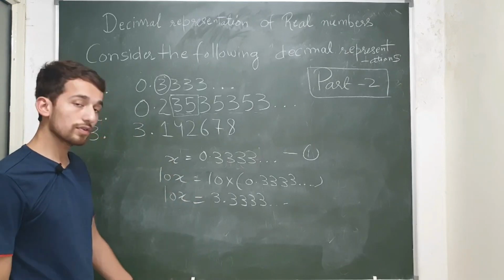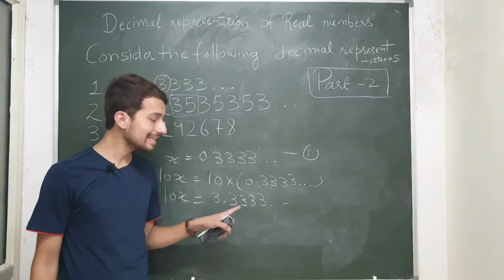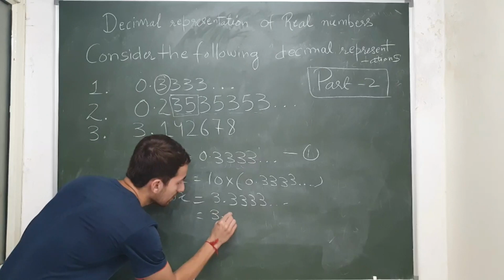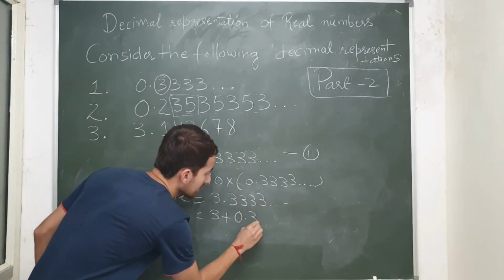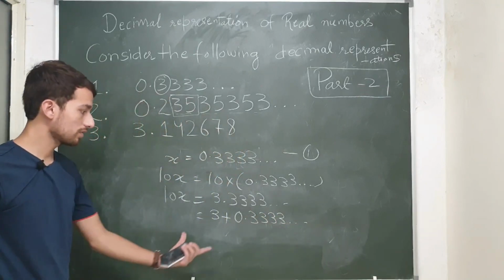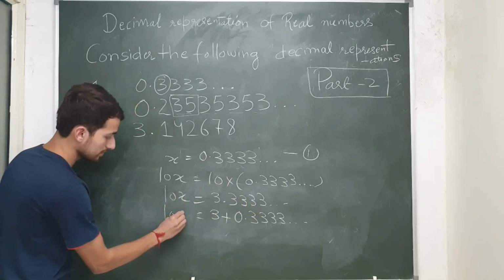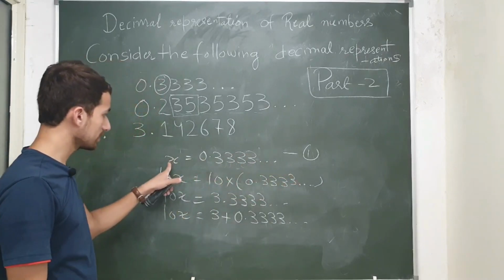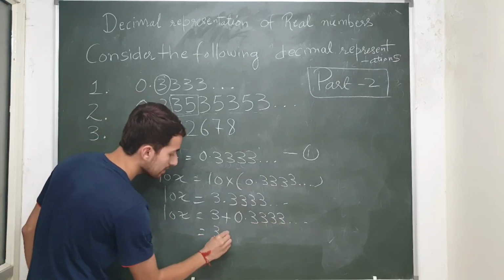Now if you observe, we can rewrite this quantity as 3 plus the decimal 0.3333 and so on, because if you sum, this is the resulting decimal. Here is 10x, and from equation 1 we know this decimal is x, so it can be replaced by x.